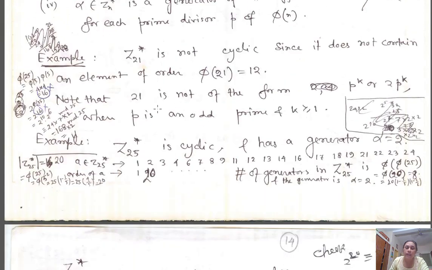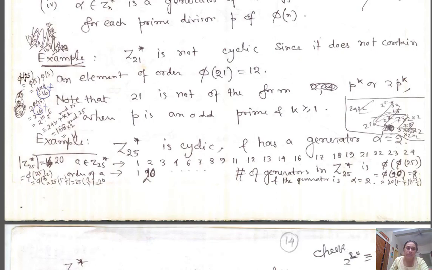So you calculate phi n, phi of 25. Its calculation is 25 into 1 minus 1 by 5. Phi of 25 is 20. So the earlier calculation was wrong. You utilize the formula: phi of 5 square is 25 times 1 minus 1 by 5.